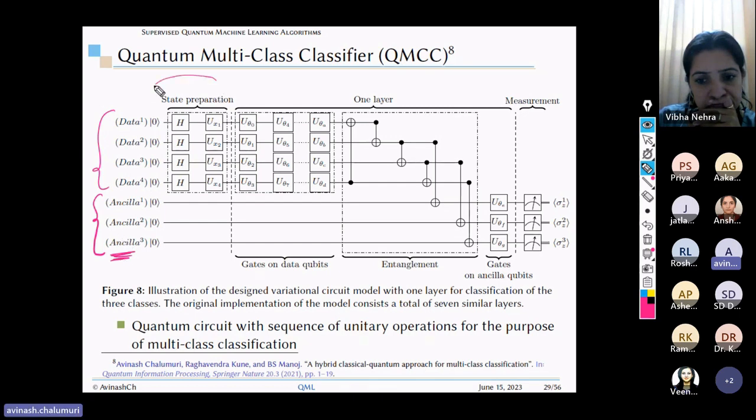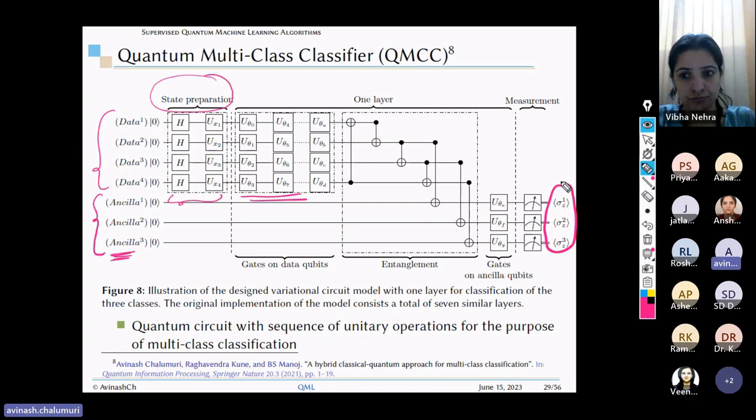You use a state preparation algorithm to prepare the data, and then you manipulate the qubits in such a way that they give you the result you want. Say you're doing multi-class classification, and imagine you have one-hot encoded your data samples. I'm considering that all of you are aware of one-hot encoding.